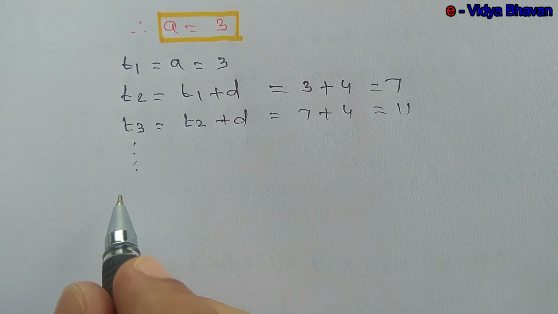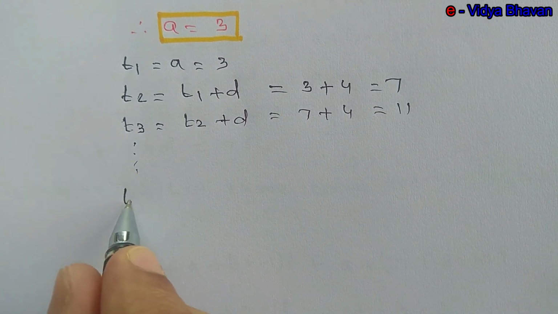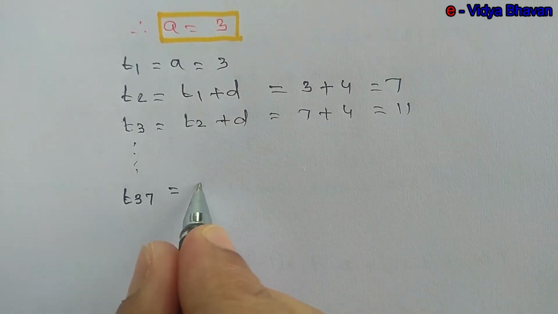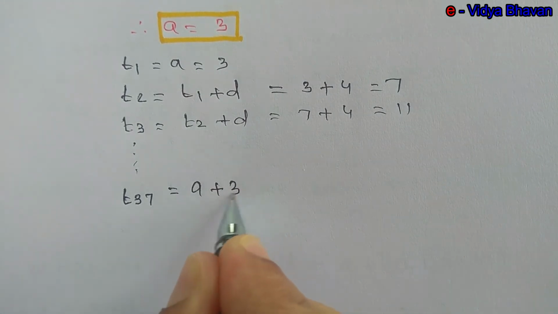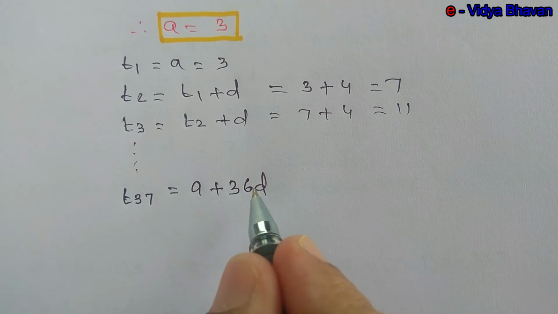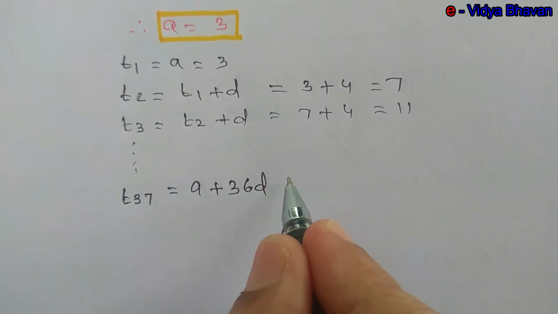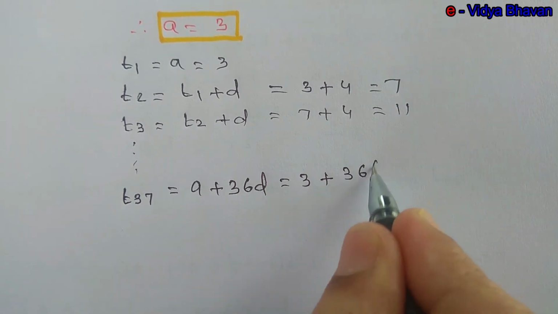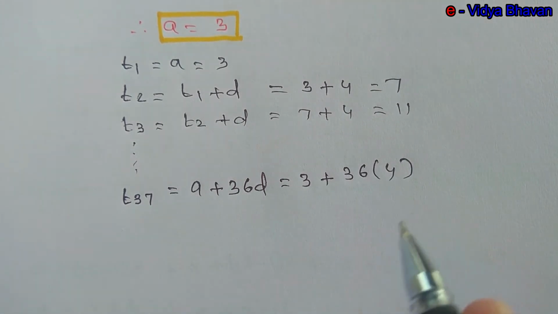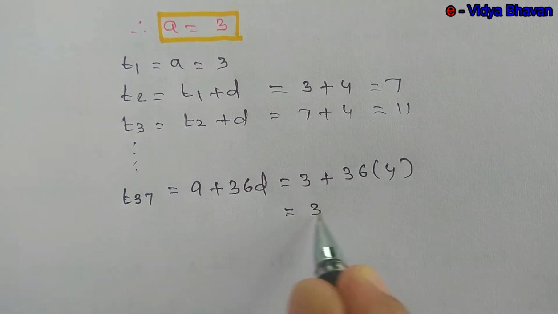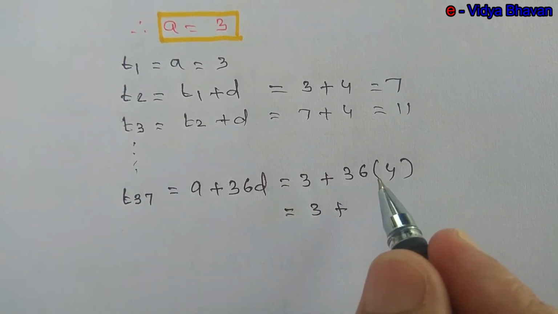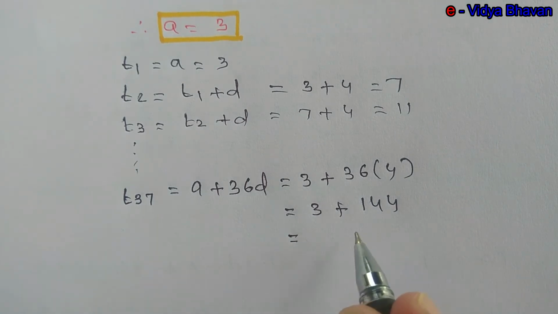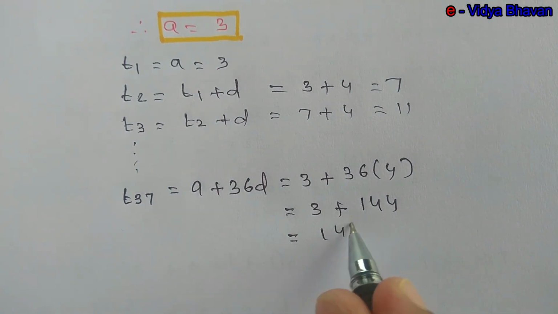And the last term was T37 is equal to A plus 36D, that is A is 3, 36 into D, D is 4, that is 3 plus 36 into 4 is going to give me 144, that is addition will give me 147.